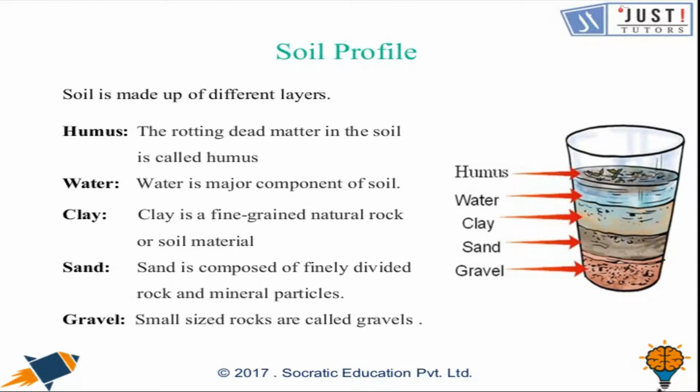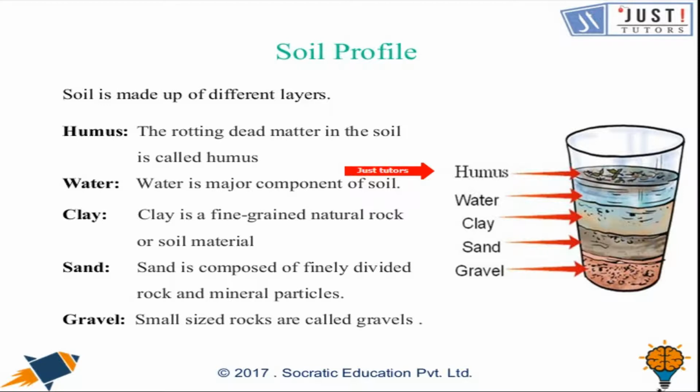Now, soil is made up of different layers. It is a naturally occurring granular material. These layers are shown in the picture right here. The top layer is called humus. It is actually the rotting dead matter in the soil.